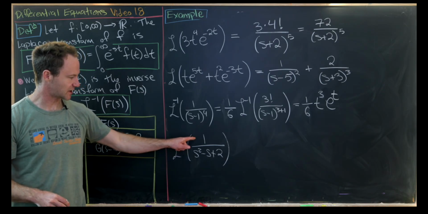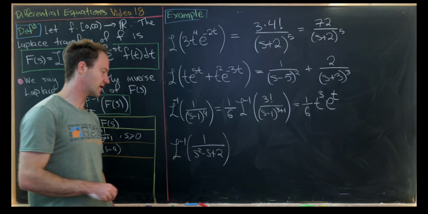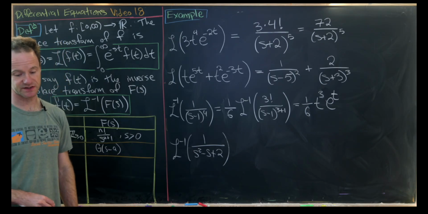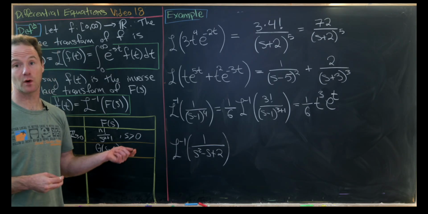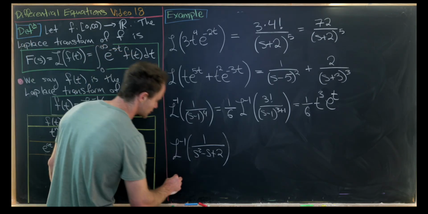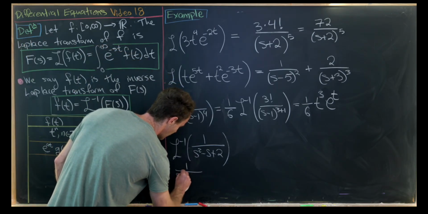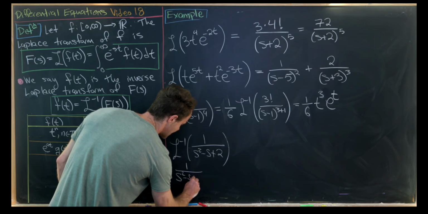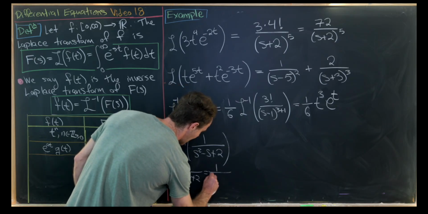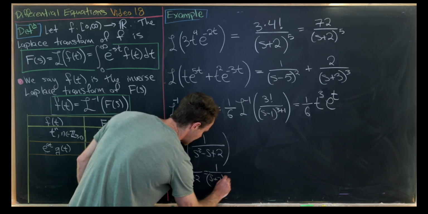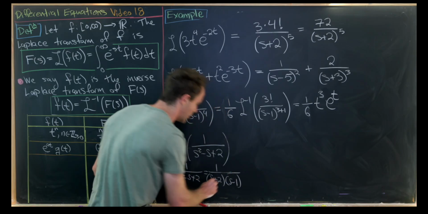Now let's look at this one. We've got the inverse Laplace transform of 1 over s squared plus s minus 2. Well, in order to do something like this, what we need to do is to use partial fraction decomposition. So let's take 1 over s squared plus s minus 2, and note that it's the same thing as 1 over s plus 2 times s minus 1.